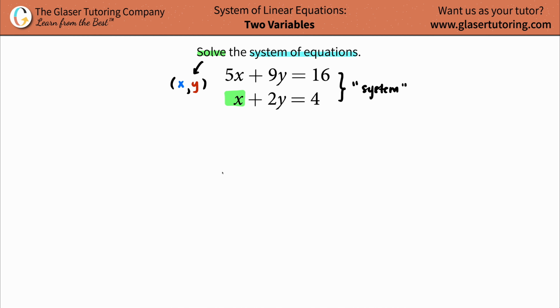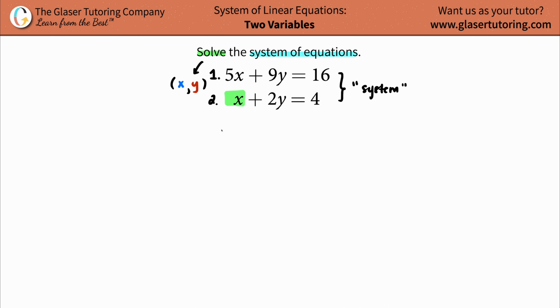So the easiest way to go about this, personally, is the substitution method. You want to substitute the x value for what it equals, and usually you only do this if you see an x by itself. Let's say this one is equation 1 and this is equation 2.